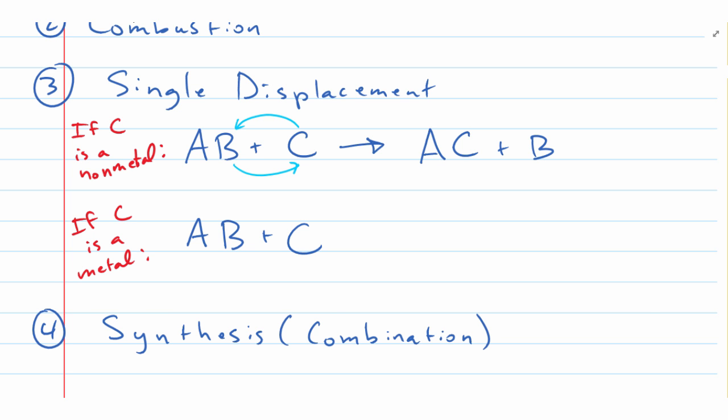And if C is a metal, it's also going to trade places, but in this case it will trade places with A. And when it trades places with A, the products we wind up with are CB plus A. So these are the two different types of single displacement reactions.